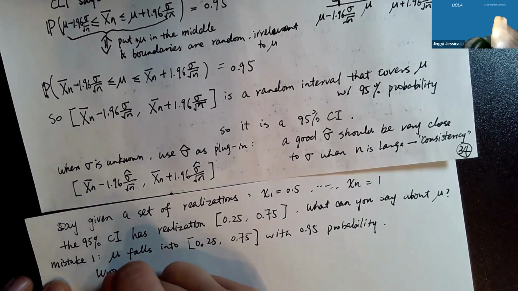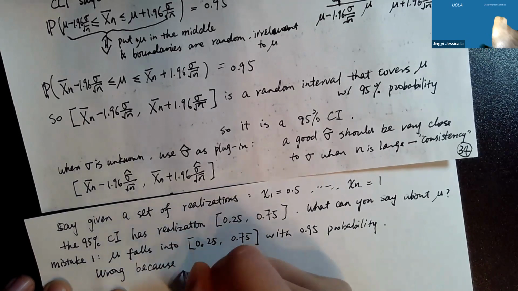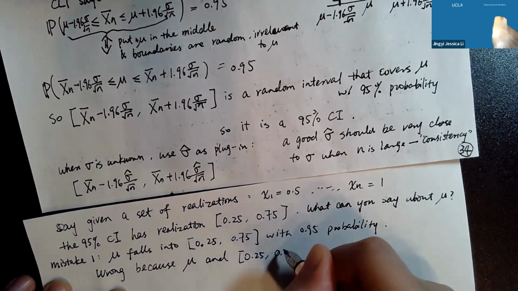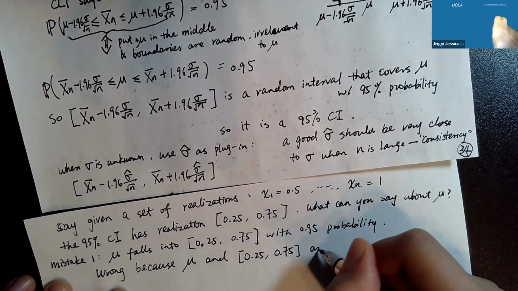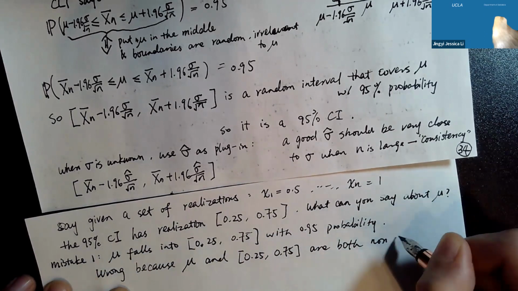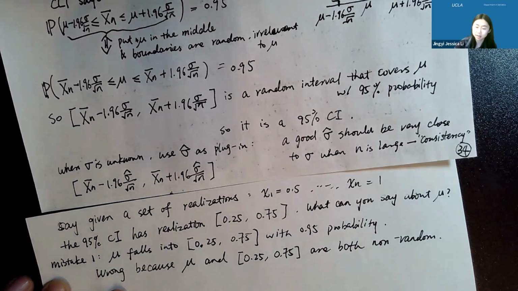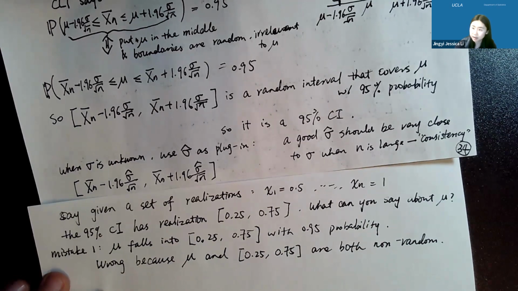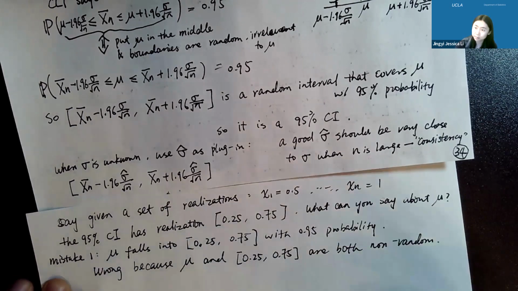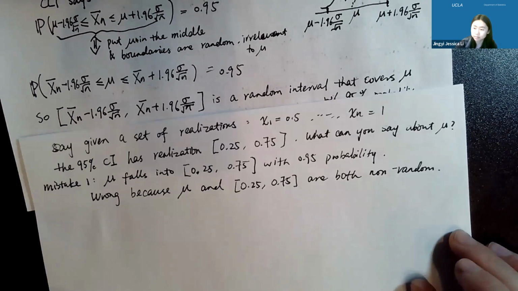Wrong, because mu and this interval are both non-random. That's the issue. We are talking about two fixed quantities, so there's no probability. It's just that it belongs to it or it doesn't. It's a 0-1 thing instead of a random event.